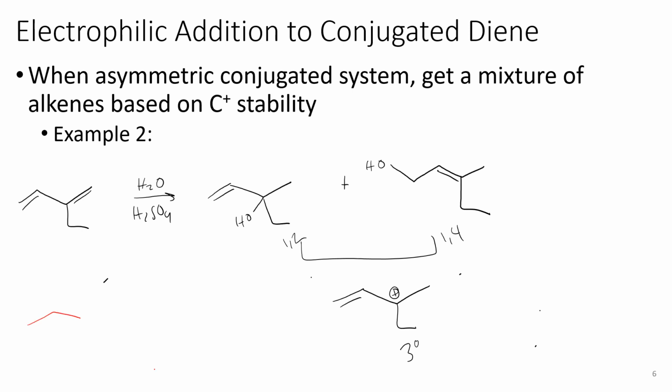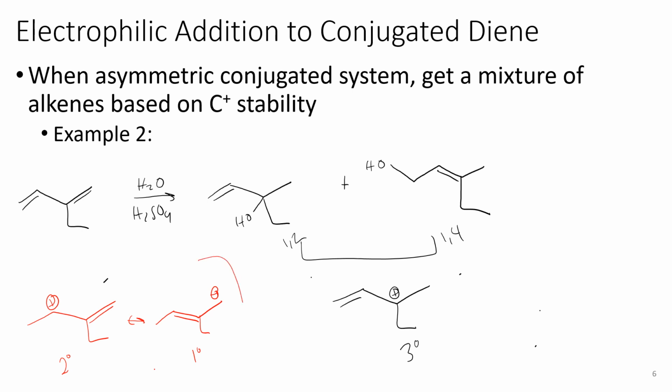What you need to recognize with this one is that if I react the alkene on the left-hand side of the compound, I only have a secondary carbocation that is being produced. Through the resonance structures with the allylic carbocation, I then go to a primary carbocation, whereas when I reacted the one on the right-hand side of the molecule, I initially had a tertiary carbocation.